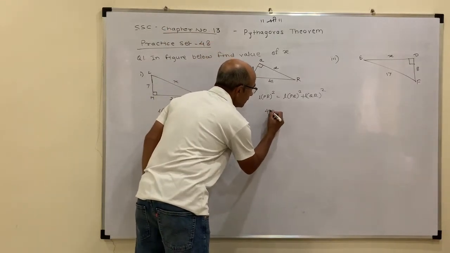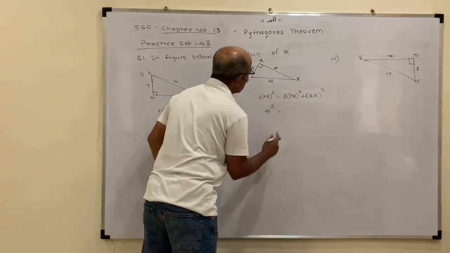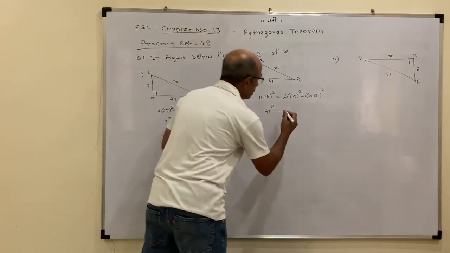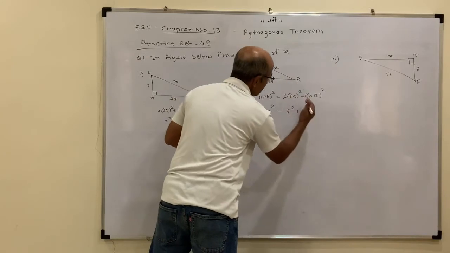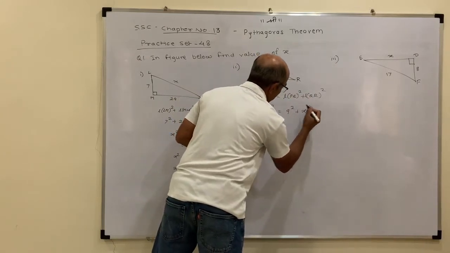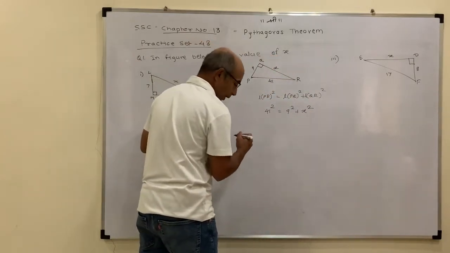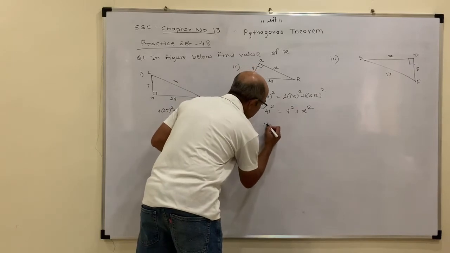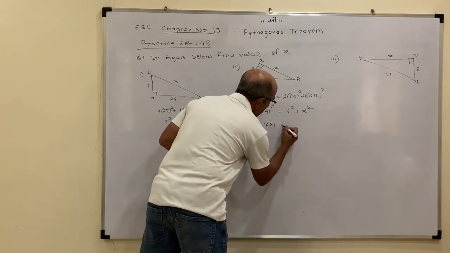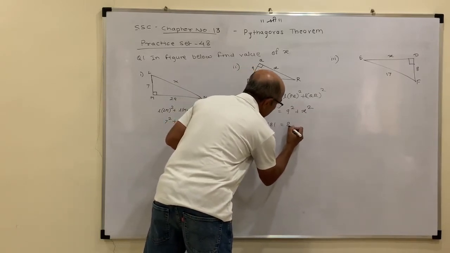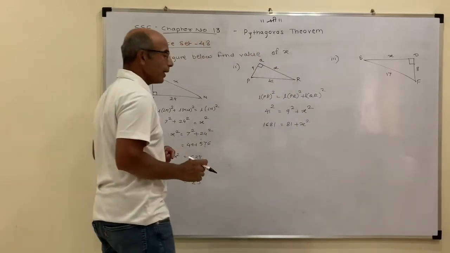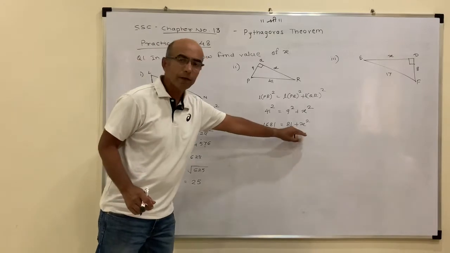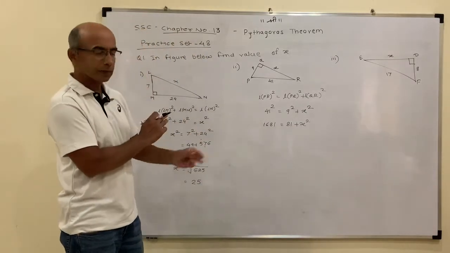So 41 square equals PQ is equal to 9, so 9 square, QR they have given us x, so it's x square. So 41 square is 1681. 9 square is 81 plus x square. Now again, since I need to find the value of x, I am going to switch the sides.